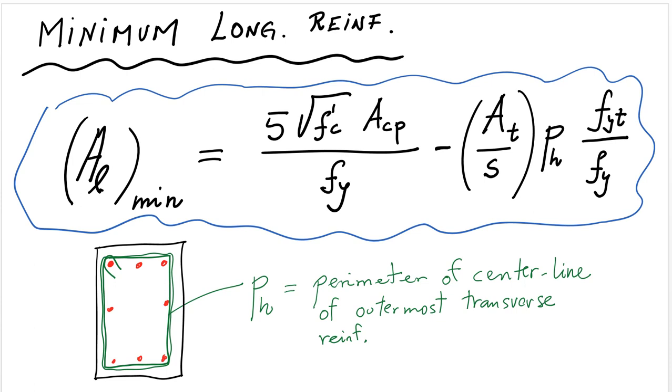So that is that perimeter out here on the cross section. So Acp, area enclosed by the perimeter of the cross section, ph, perimeter of the transverse reinforcement, At is the area of one leg of transverse reinforcement, and s is the spacing.